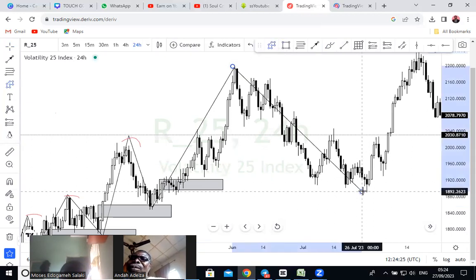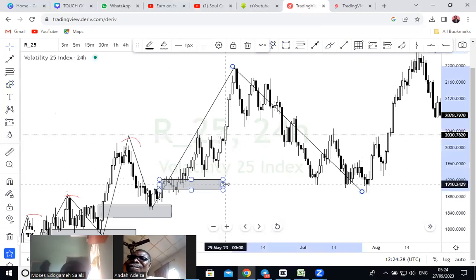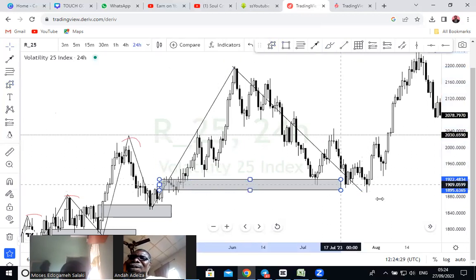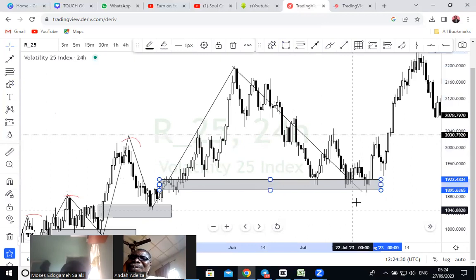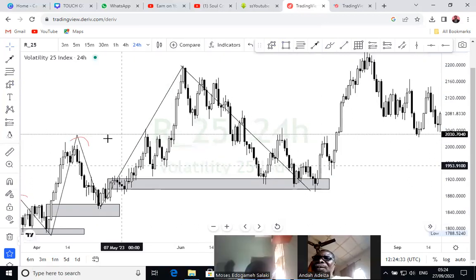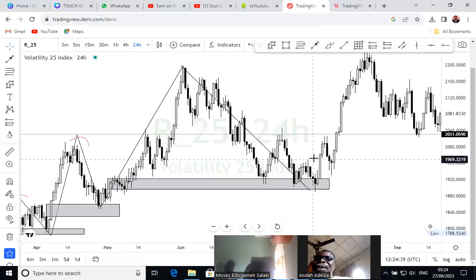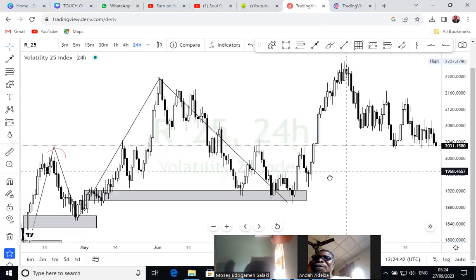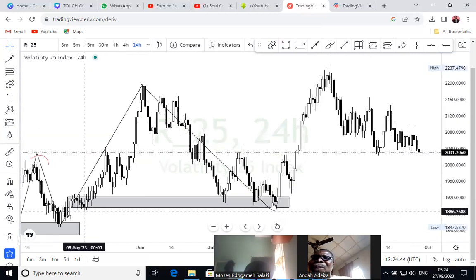Only God knows how many days it is. That's more than a month. Price left there around May this year, and came back to it around July.